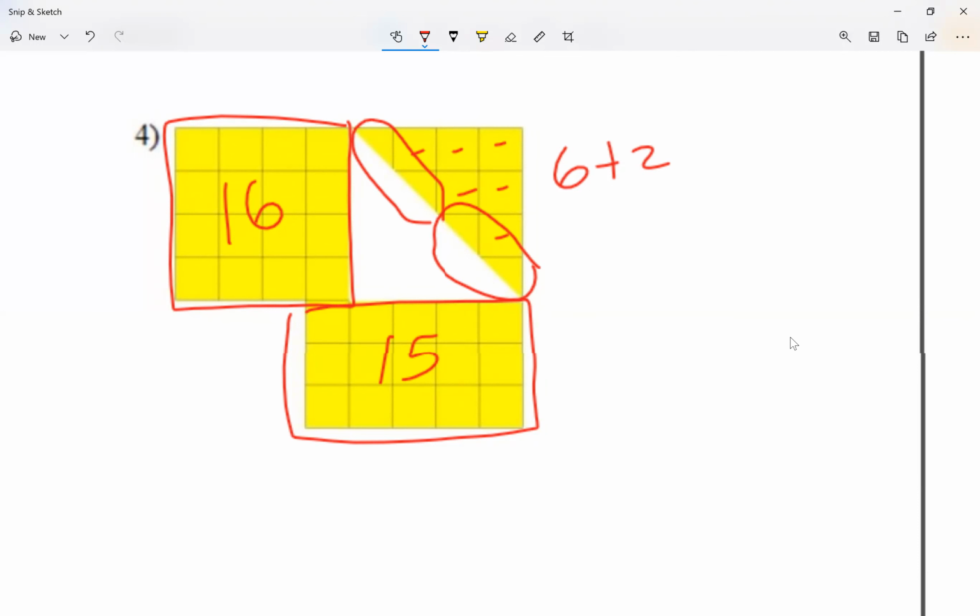So I'm going to go 16 plus 15 plus 6 plus 2. Let me emphasize the 6 plus 2. 6 because I had 6 complete squares. And then the plus 2 because I combined pieces to come up with 2 more squares. Okay, so again, I went 16 plus 15 plus 6 plus 2. And I happened to get 39.